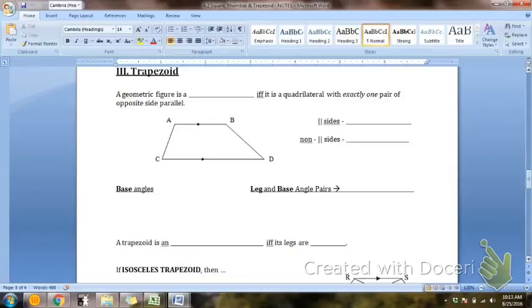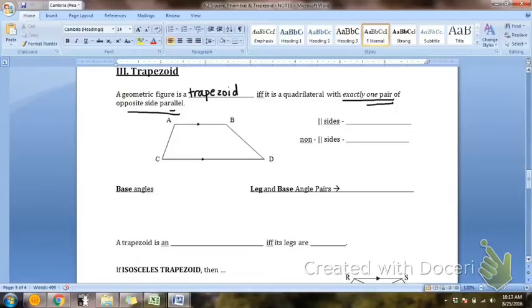So a geometric figure is a trapezoid if and only if it is a quadrilateral with exactly 1 pair, this is really important, of opposite sides that are parallel. It only has 1 pair of sides that are parallel.